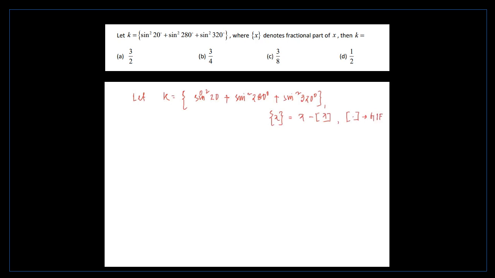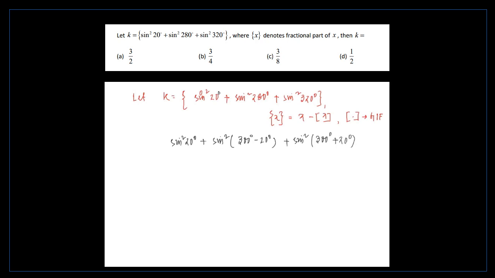Now, when this sum is given, at first we should simplify it. Here we can understand that it is sin square 20 degree plus sin square, we can write 300 minus 20, plus sin square 300 plus 20.